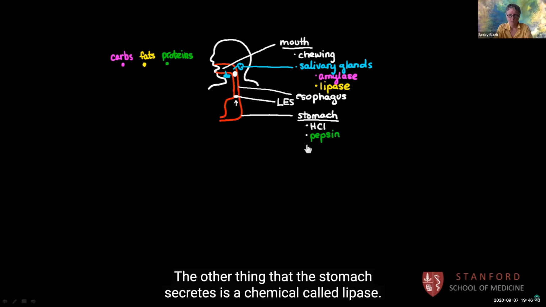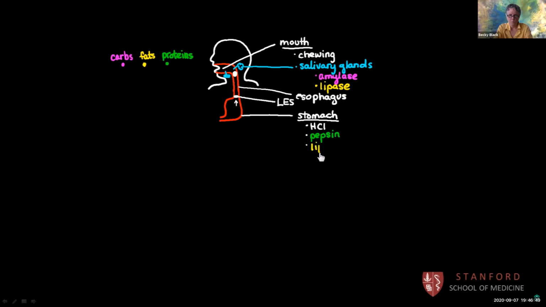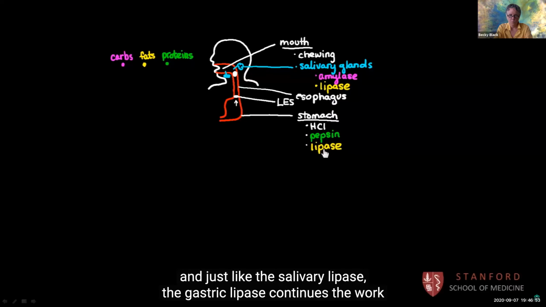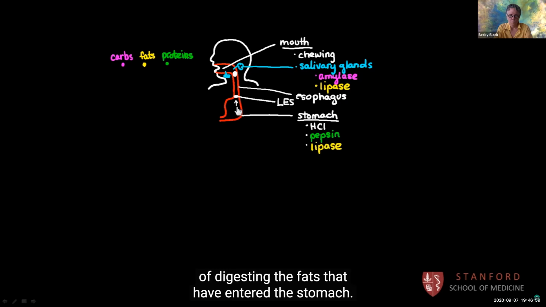And the other thing that the stomach secretes is a chemical called lipase. And this is gastric lipase. Gastric means it comes from the stomach. And just like the salivary lipase, the gastric lipase continues the work of digesting the fats that have entered the stomach.